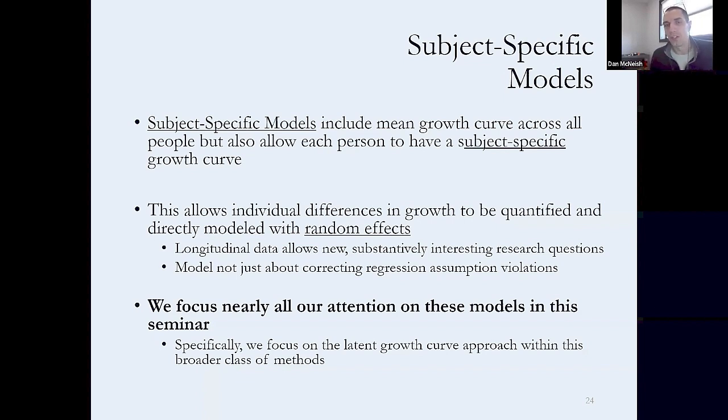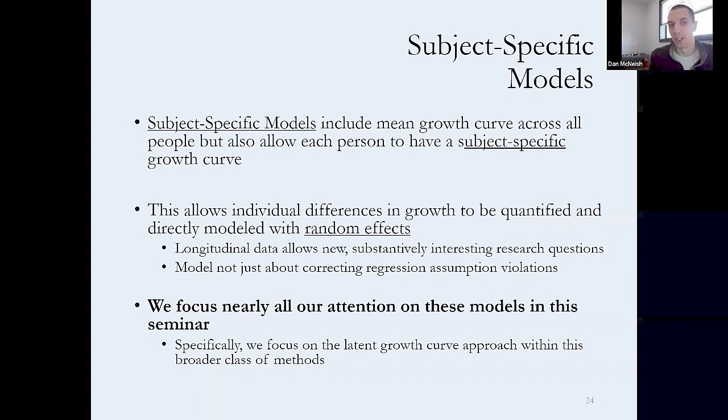So what does the change pattern look like for person 7? What about for person 12? How do those two things look different? And what are the characteristics of those people that might predict why their change patterns are not identical, or what are the individual differences in change?